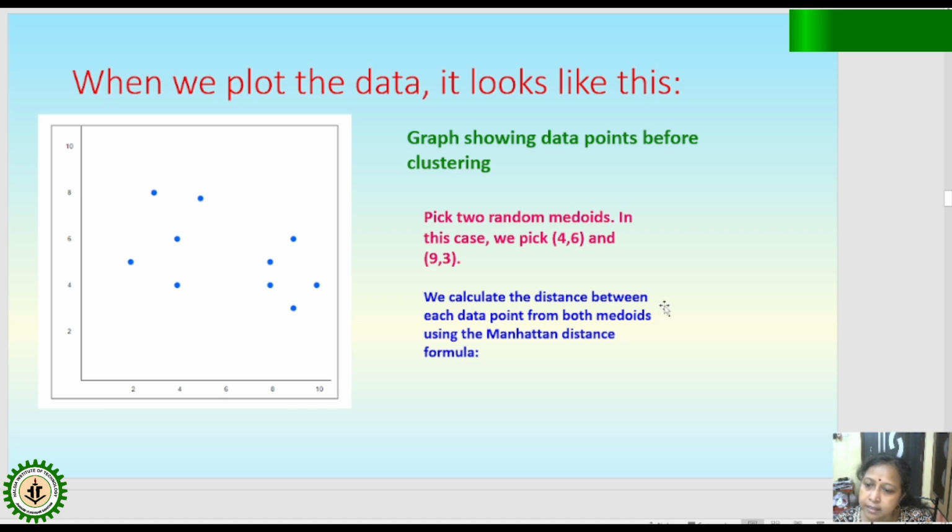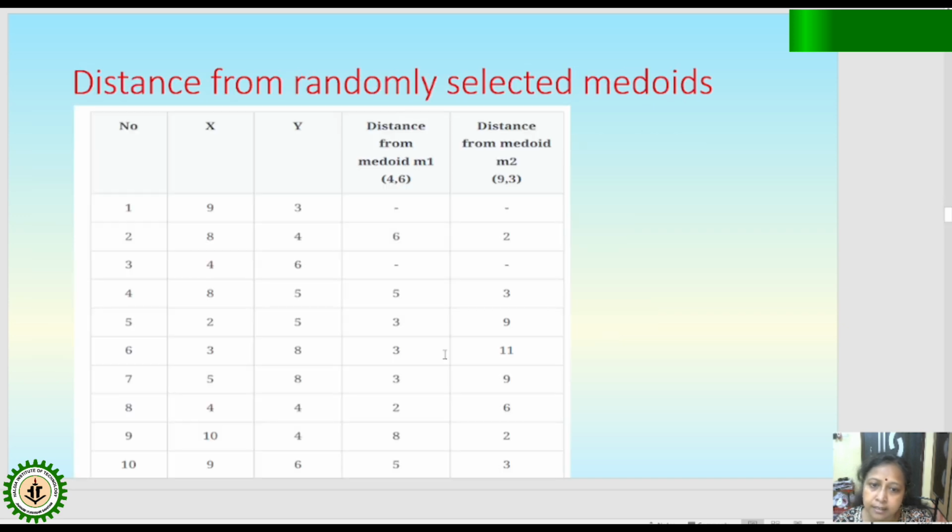We calculate the distance between each data point and both medoids using the Manhattan distance formula. So first, we find the distance of the data point 8,4 from the medoid 9,3 and from the medoid 4,6.